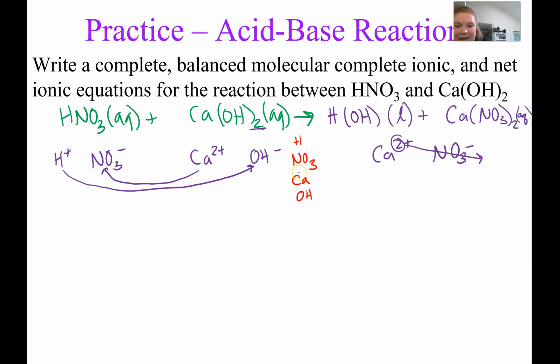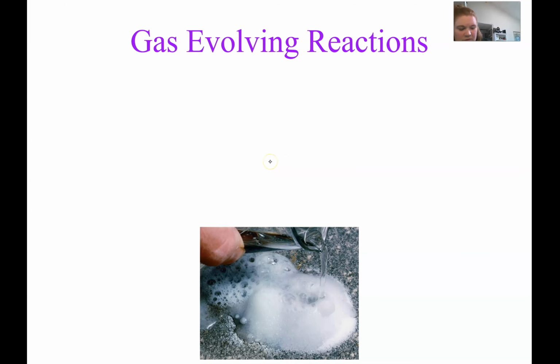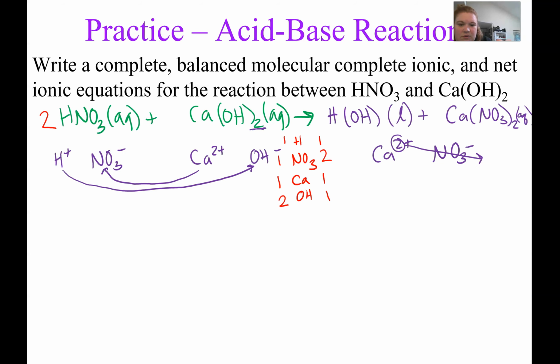There's my ions. I have 1, 1, 1, 2, 1, 1, 1, 2. So I'm going to balance out the nitrates first. I'm going to put a 2 right there. So now I have my 2 nitrates, but that also changed my hydrogens.